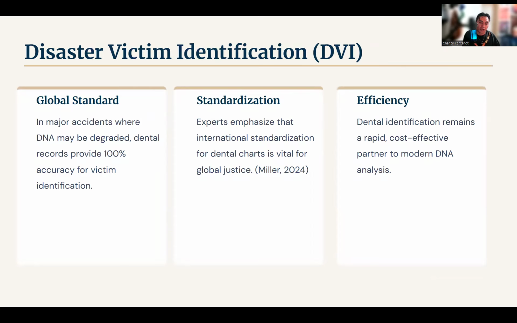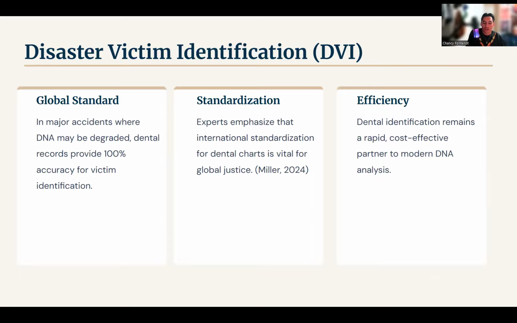To expand on that DVI framework, why is this method globally recognized as a gold standard? First, even when a disaster causes severe biological degradation that breaks down raw DNA strands, dental structures retain 100% identification accuracy. And because of this reliability, forensic experts emphasize that establishing international standardization for dental charts is vital for global justice and safety coordination.